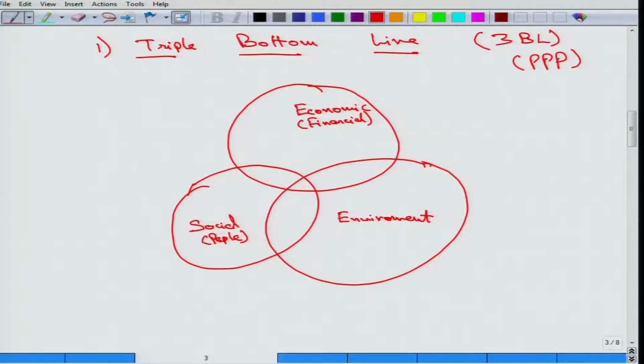We have people, planet and profit. So, we have three P's here. This is the portion when all these three work together, come together into one point. This is the sustainability.